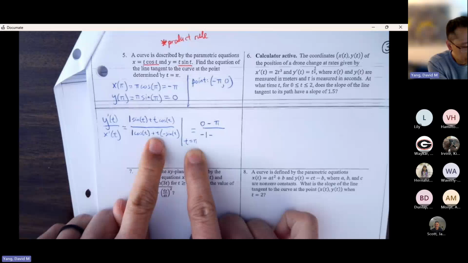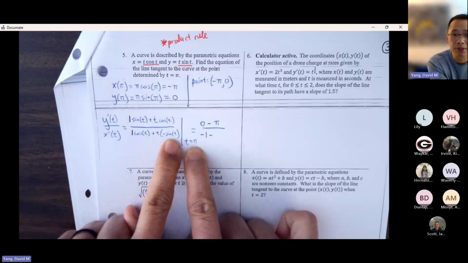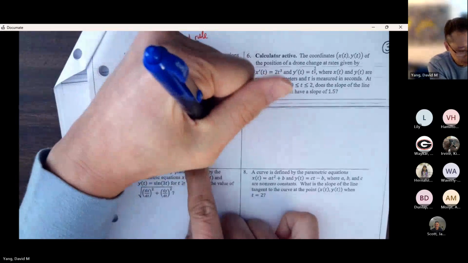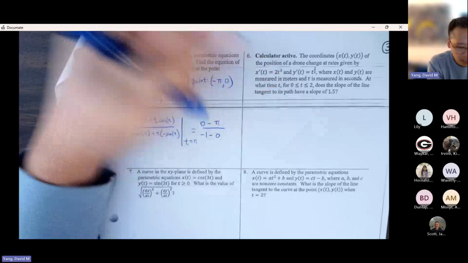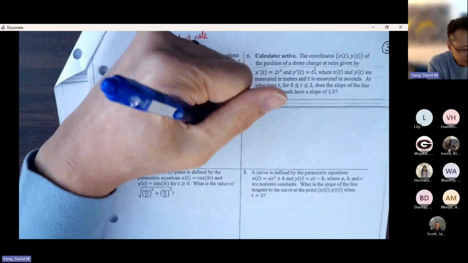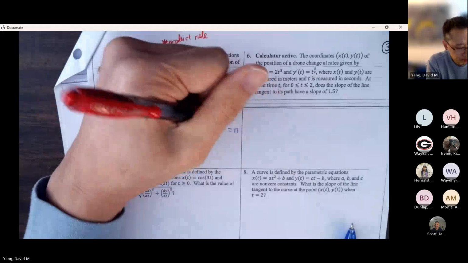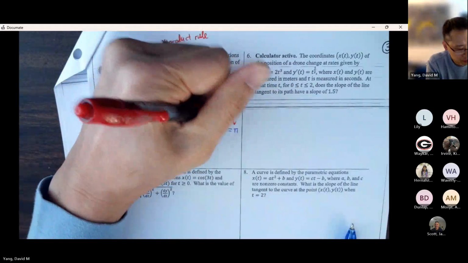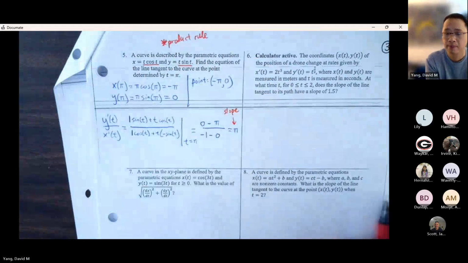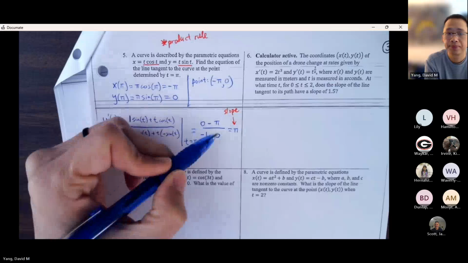And then pi sine of pi, we know sine of pi is 0. So I'm just left with negative pi over -1, which is pi. That's our slope. Now point slope form.